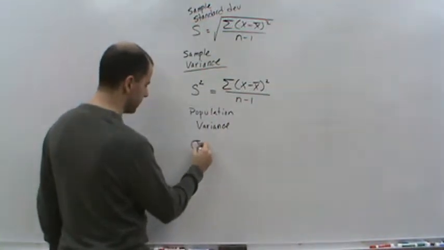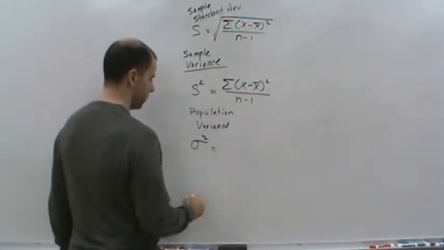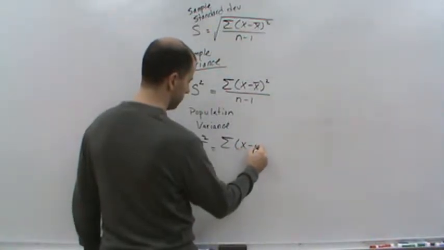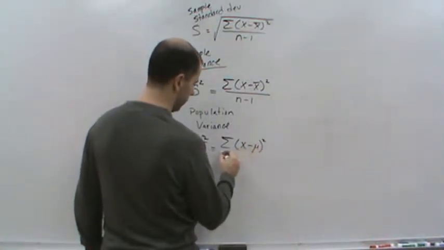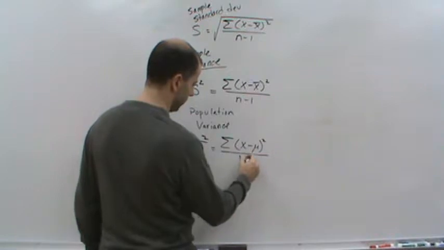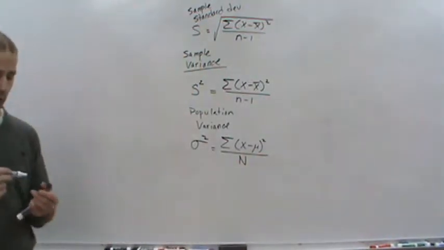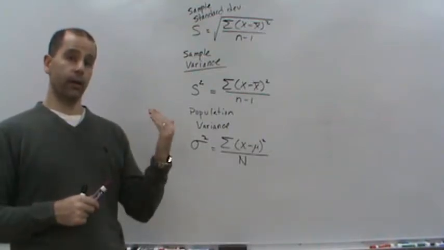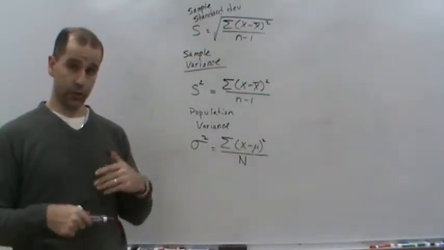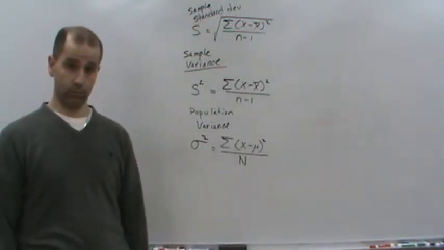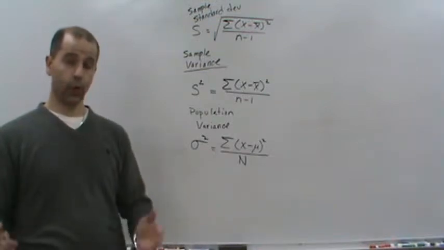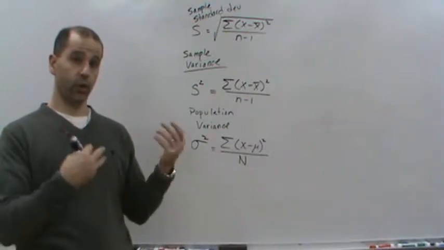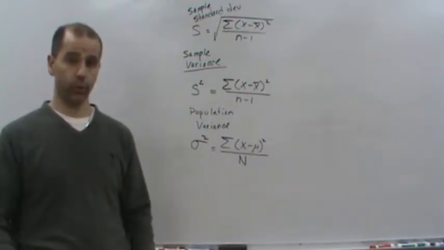That would be sigma squared, which is just the summation of x minus mu squared divided by capital N. So to go from standard deviation to variance, you're just dropping the square root. Or if you're going from variance to standard deviation, you're adding the square root. Either way you want to look at it.